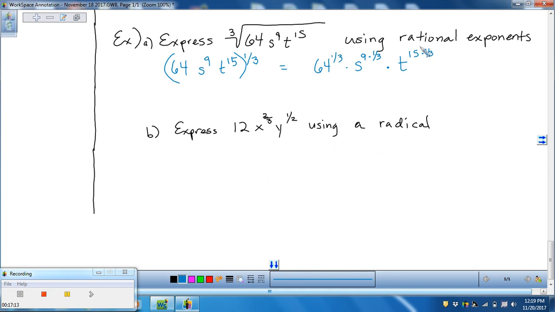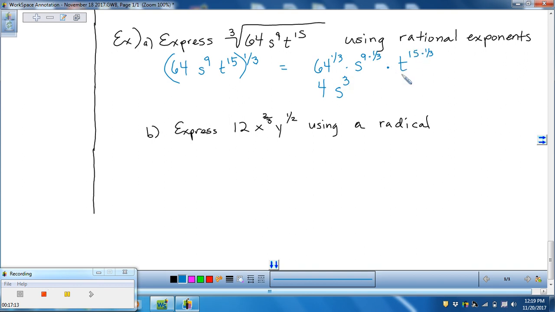Now we simplify our exponents. 64 to the 1/3 is the cube root of 64, which is equal to 4. S to the 9 to the 1/3 power, 9 times 1/3 gives us 3, so we end up with s to the 3rd power.